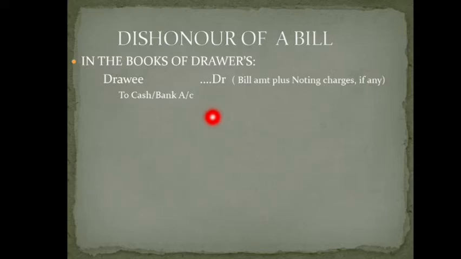Dishonoring the bill means on the maturity date he is unable to make the payment of the bill. So we debit the drawee's account to cash or bank account. When you are debiting the drawee's account, the amount of the bill plus noting charges, if mentioned in the question, both amounts will be added together and shown on the debit side of the drawee.